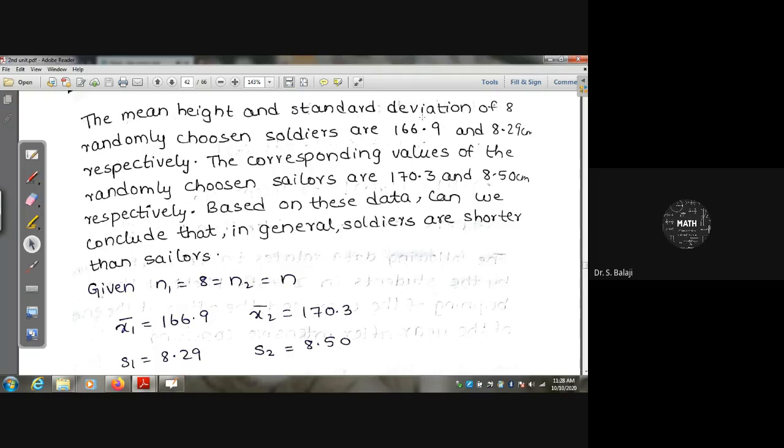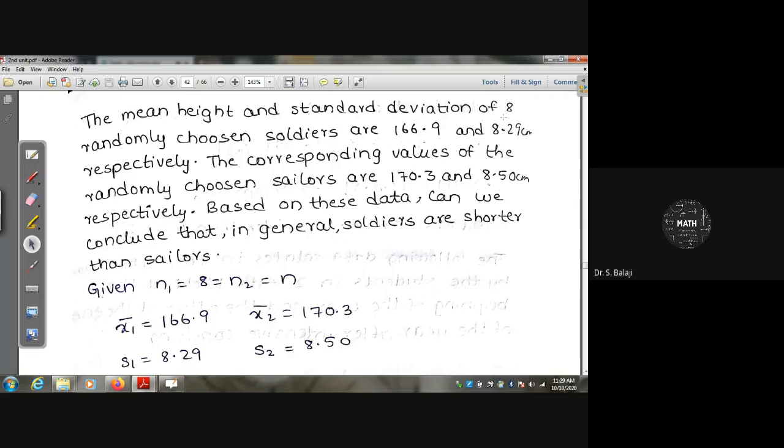Mean height and standard deviation are given for soldiers and sailors, 8 randomly chosen of each. Based on these data, can we conclude that in general soldiers are shorter than sailors here?